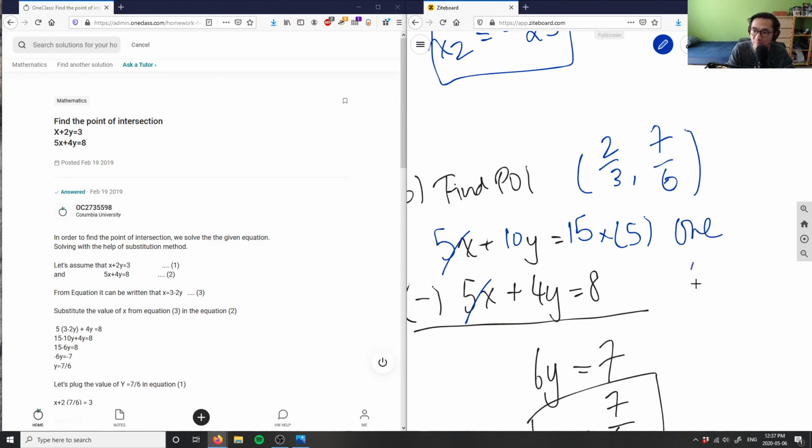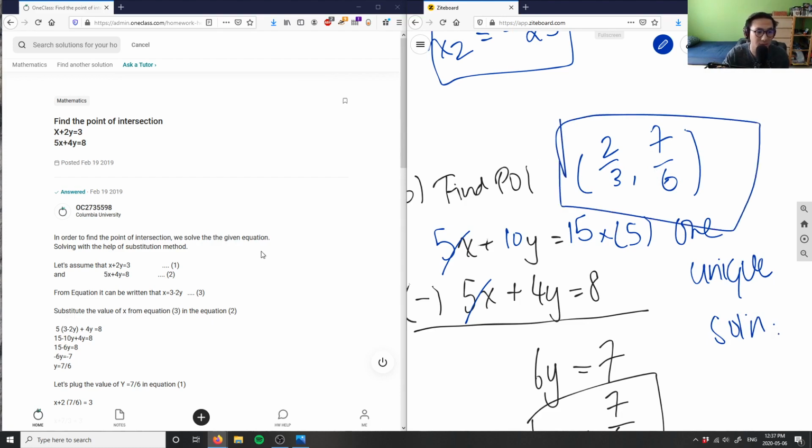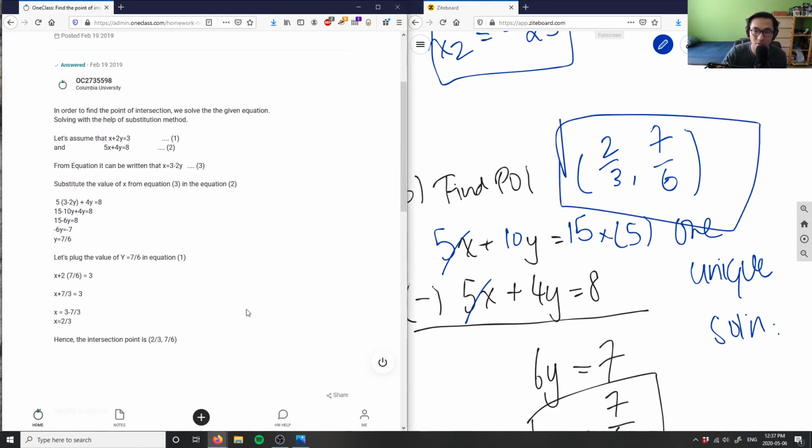So again, one unique solution: 2/3 and 7/6 is my answer. As you can see, this solution is correct. 2/3 is the x value and 7/6 is the y value. They used substitution instead, and I used elimination. It doesn't really matter. In this case, I used elimination just because both equations were already in standard form, so it's a lot easier to do elimination.